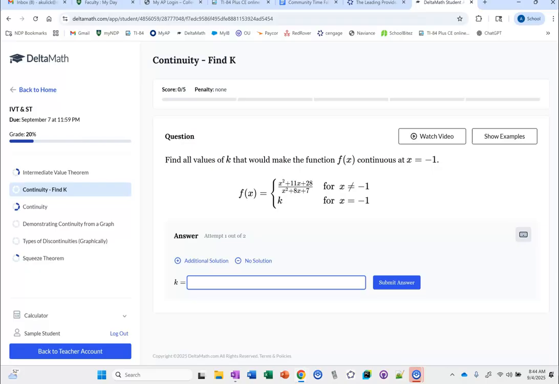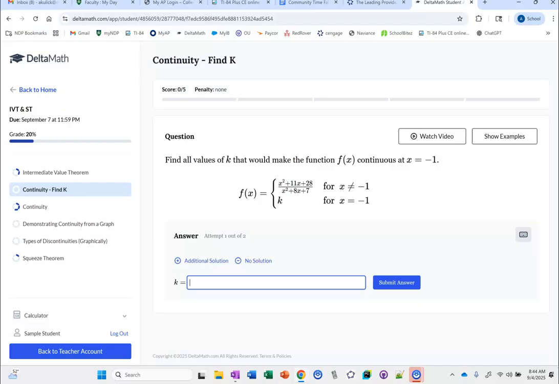So this reeks of an AP multiple choice question because it's like find the value of k, and that's an easy thing. So it says find all the values of k that would make this function continuous at x equals negative 1.